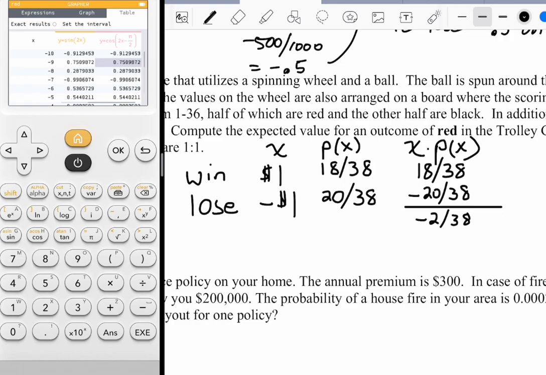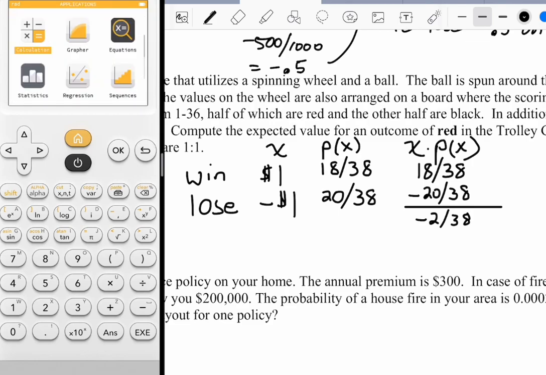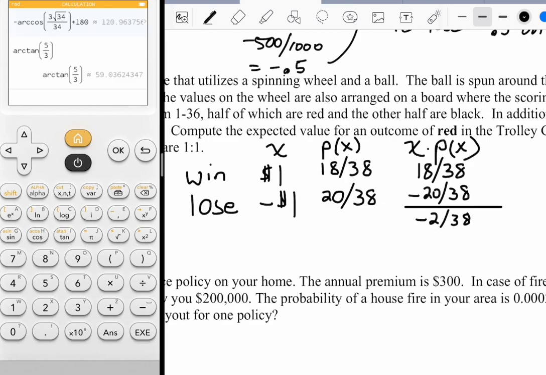Since we are talking about money here, just look at this as a weighted average. I'm just going to go to my calculator here and type in 2 out of 38. It's about 5 cents.